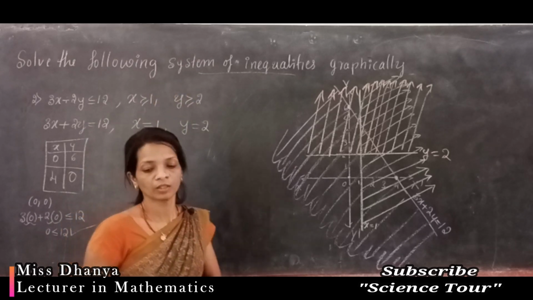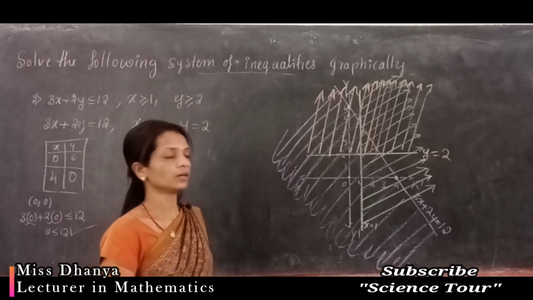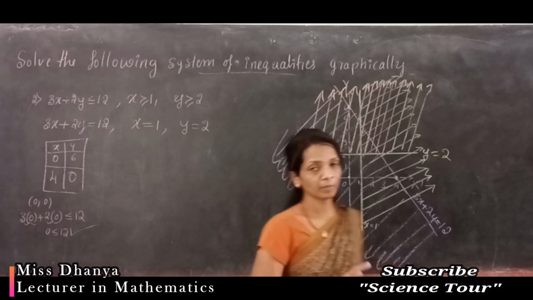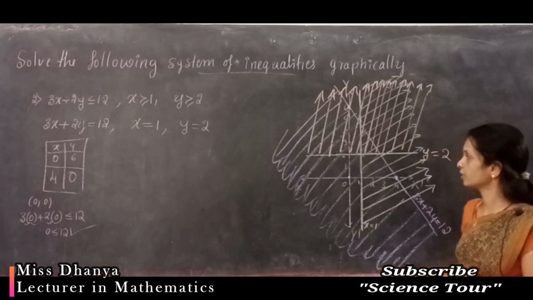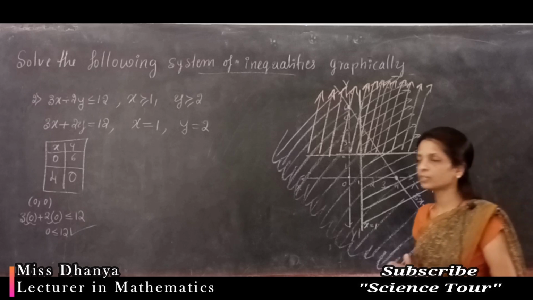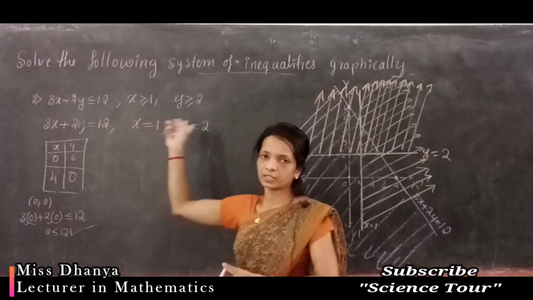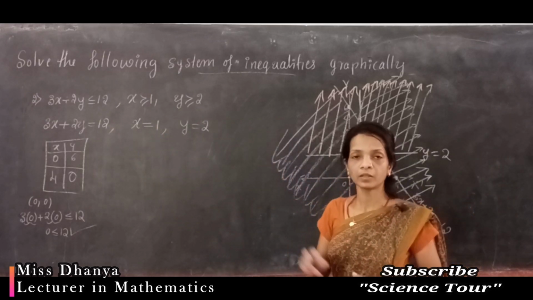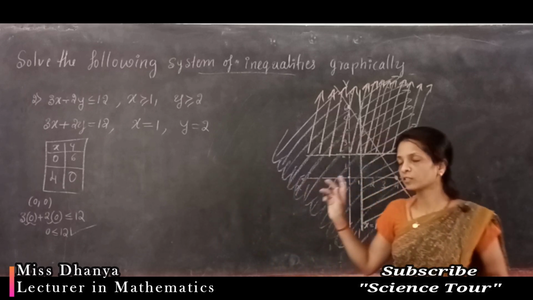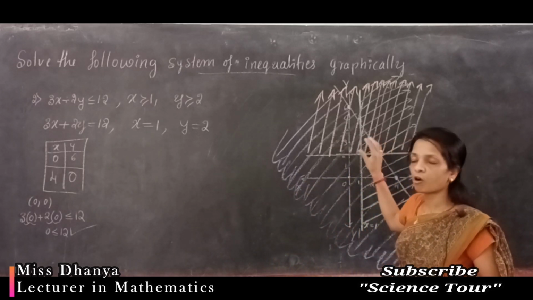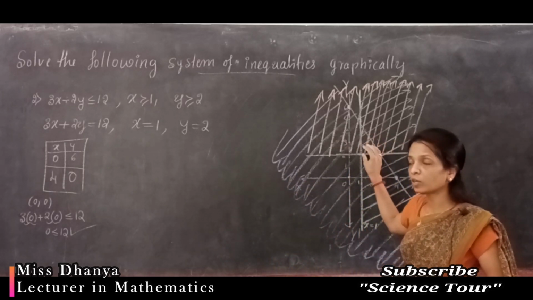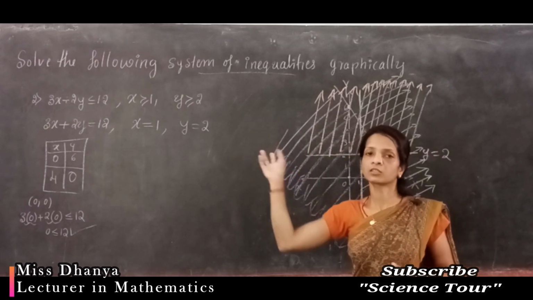equal to 2. Now all these three shadings are common in which region? That region is the solution region of these three inequalities, the system of inequalities, that is the common solution. Common solution means the points in that region are solutions of all three inequalities.